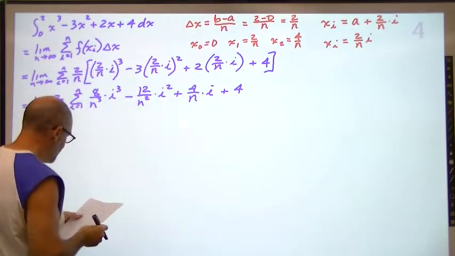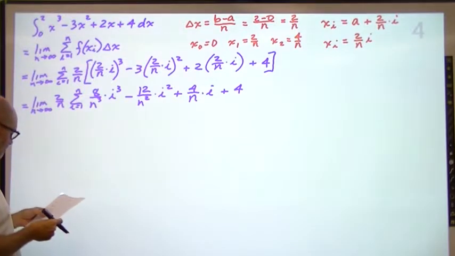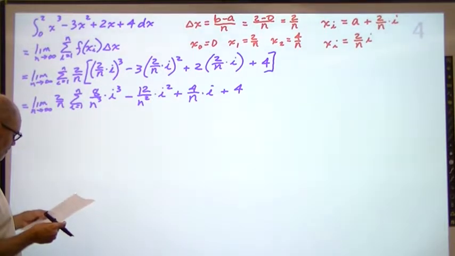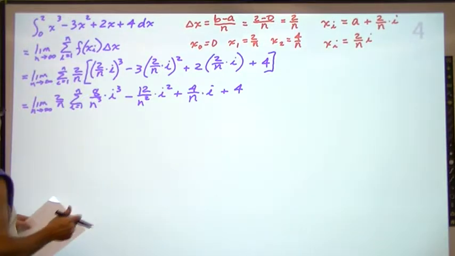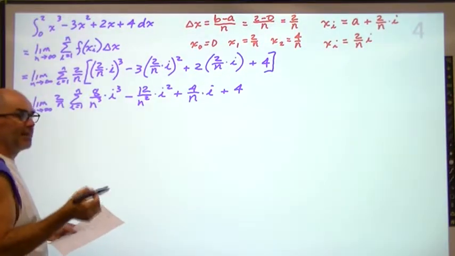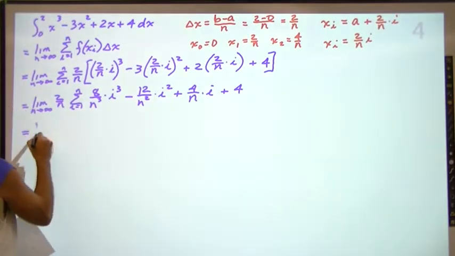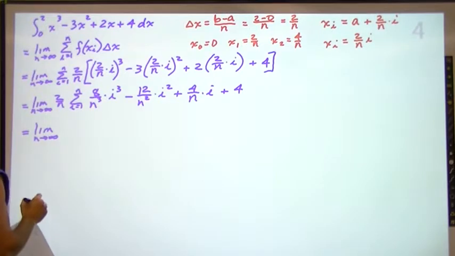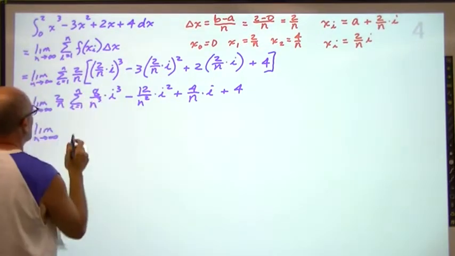So what we're going to do is we'll just put this as 4 separate summations. So what we're going to have is the limit as n approaches infinity of this first chunk.